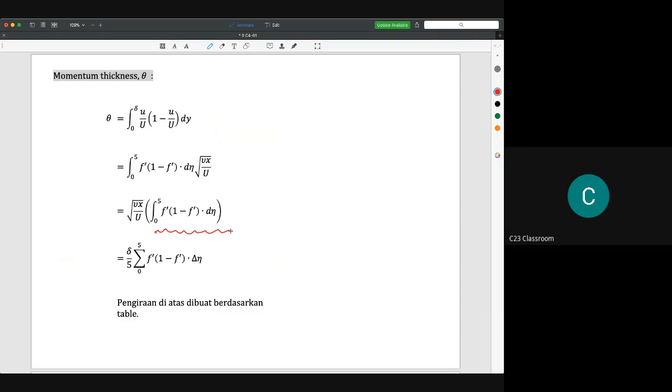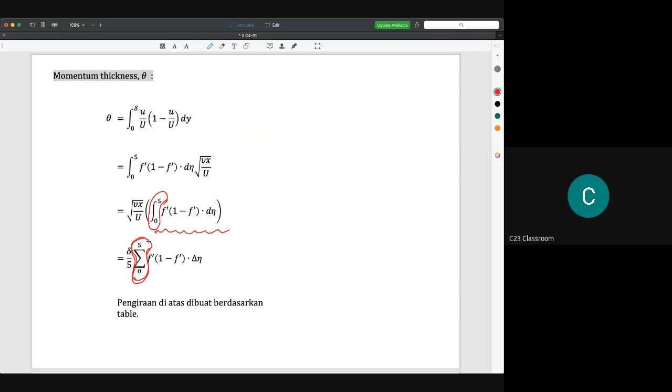So we rearrange the equation. The integral here means the summation. The integral actually needs to calculate all the values in a certain range, so we could replace it with sigma, meaning the total value.